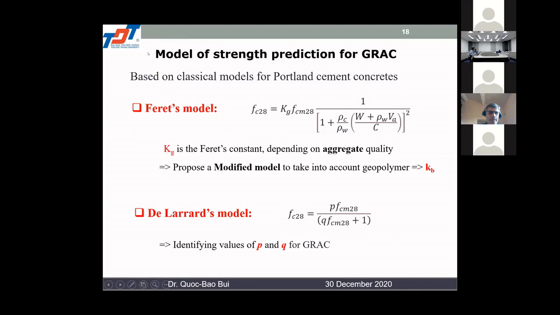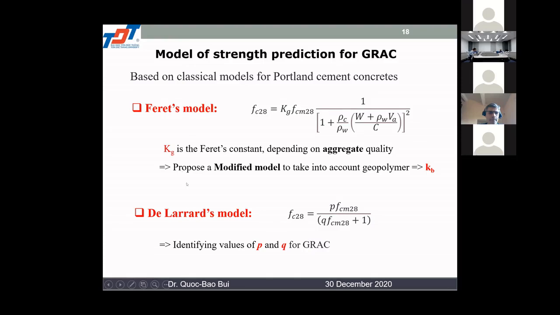Now we try to propose some models for the strength prediction of GRAC, and we based on two classical models for Portland cement concrete. The first one is the Féret model, in which Kg is the Féret constant depending on aggregate quality. So we must identify Kg for the case of recycled aggregate, because the basic Féret model was proposed for natural aggregate.